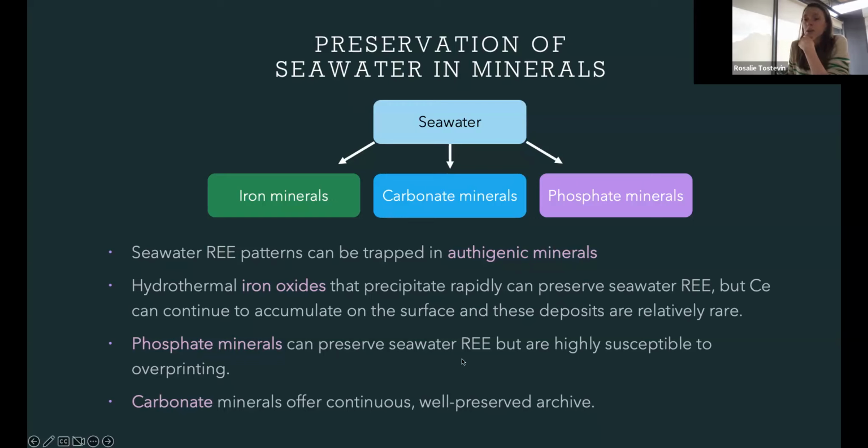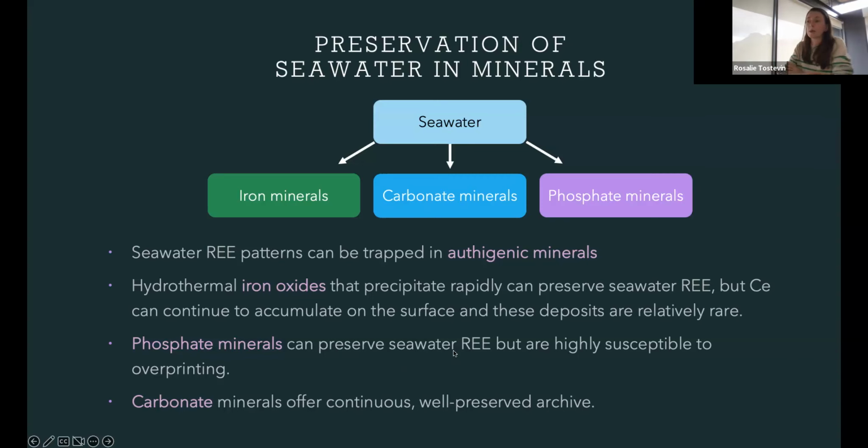And again, they're relatively limited in their distribution in the geological record. So I think carbonate minerals offer us the most promise because we have a relatively continuous and well-preserved archive. They're widespread, they record what's happening in shallow shelf marine environments, and there's also some good evidence that they record primary seawater signals, at least in some cases.